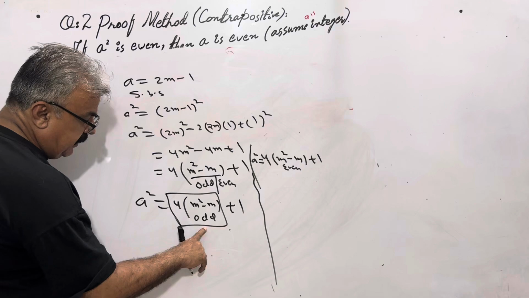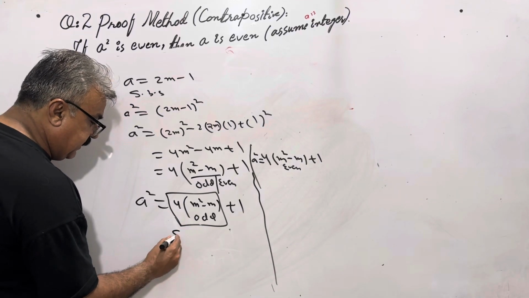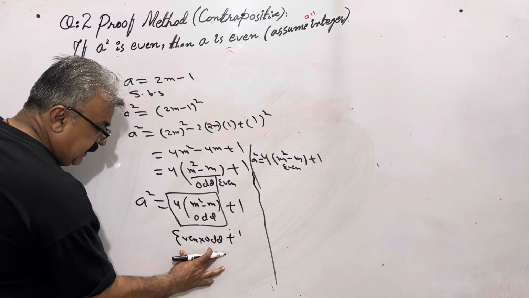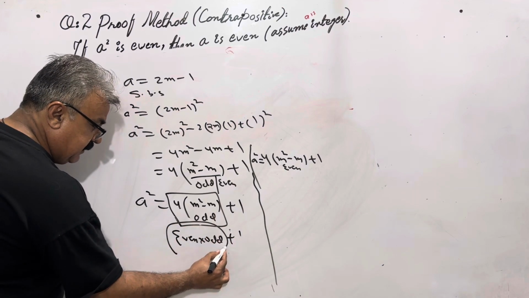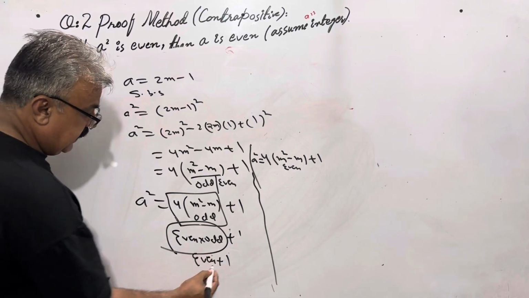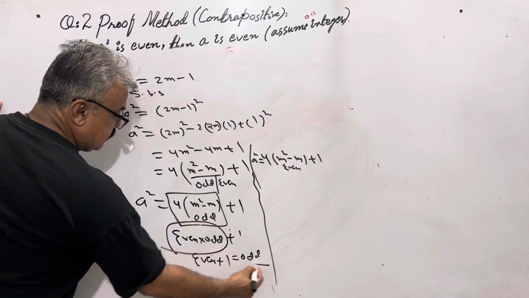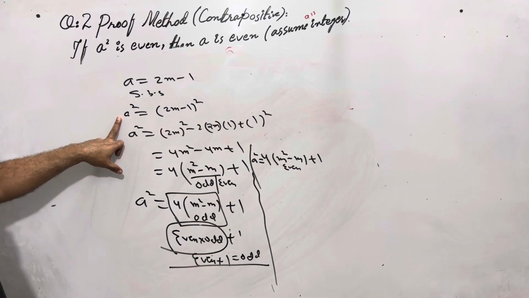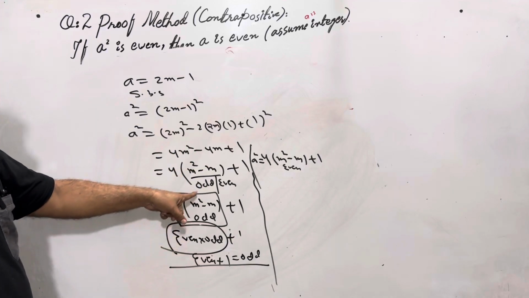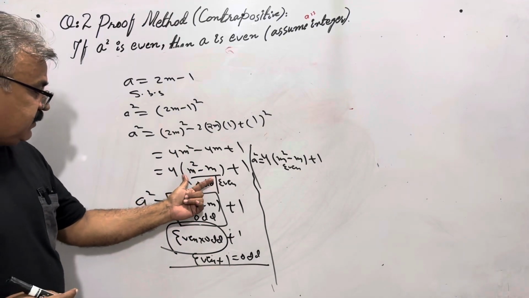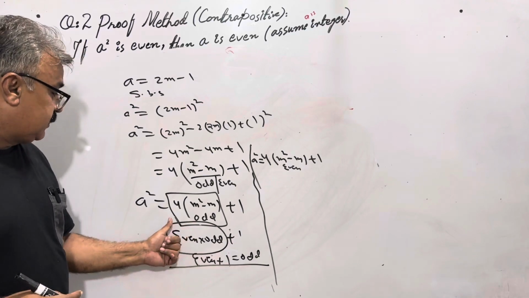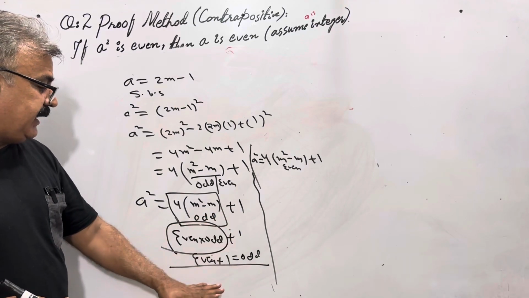Even multiplied by odd always gives us even. And if we add 1 to the even, it gives us odd. So a square, equal to 4m square minus 4m plus 1, is odd when m square minus m is odd.